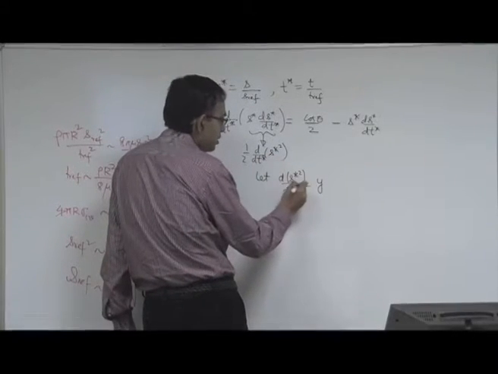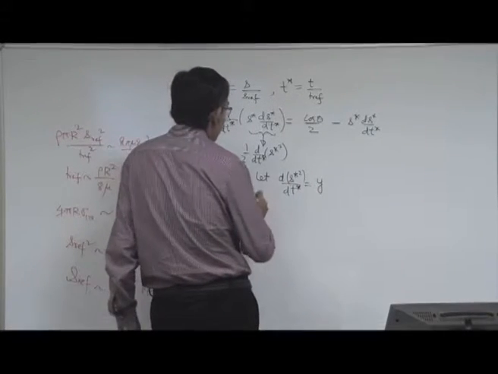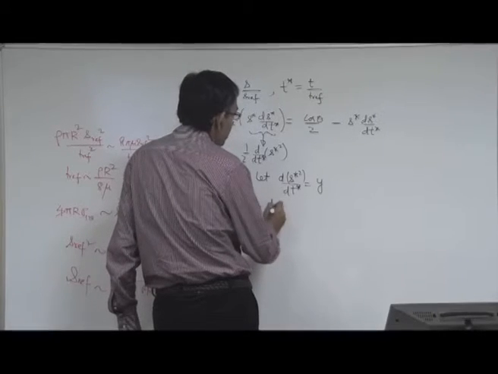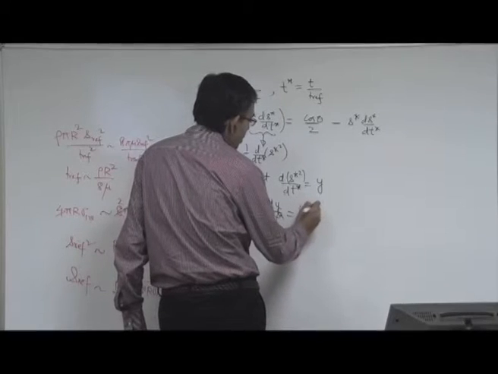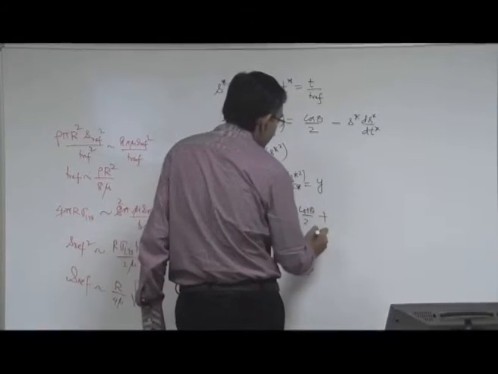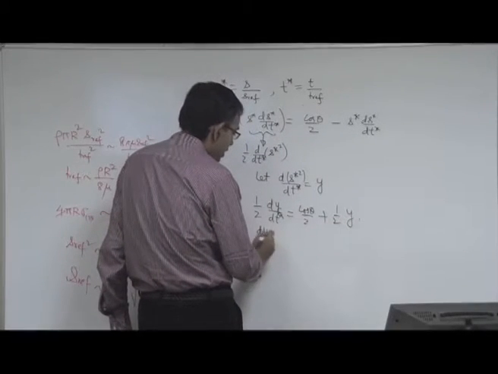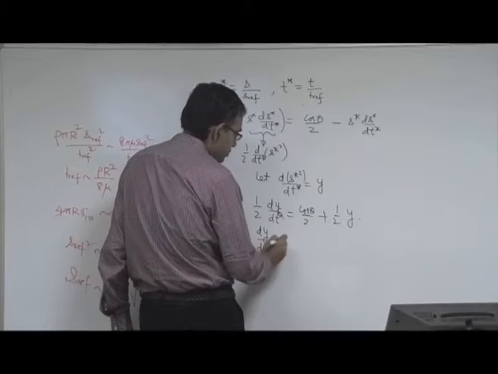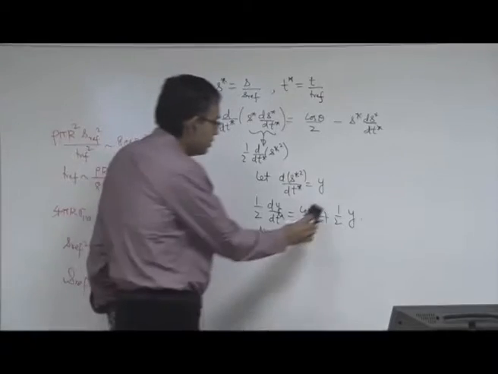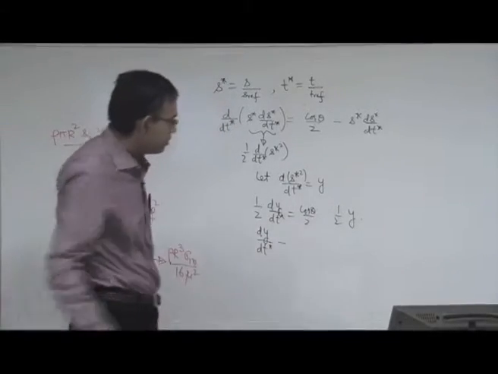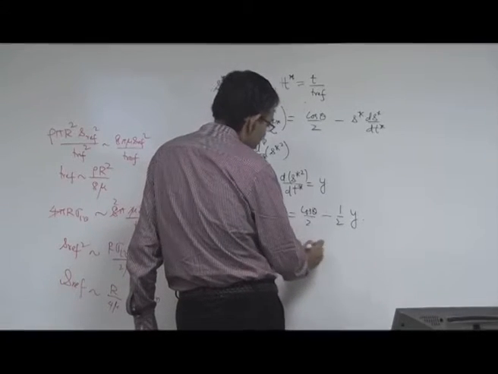So half dy/dt star is equal to cos theta by 2 minus half y, sorry, minus half y not plus. So dy/dt star plus y is equal to cos theta.